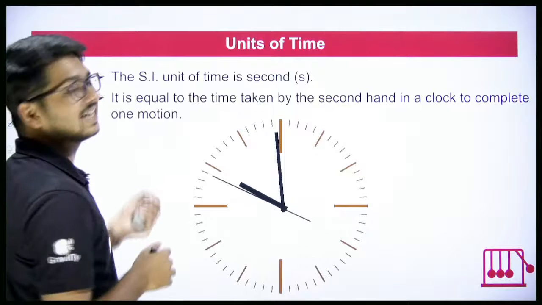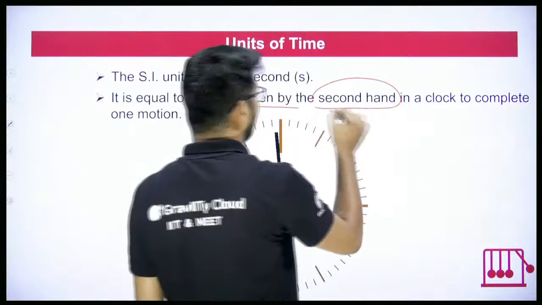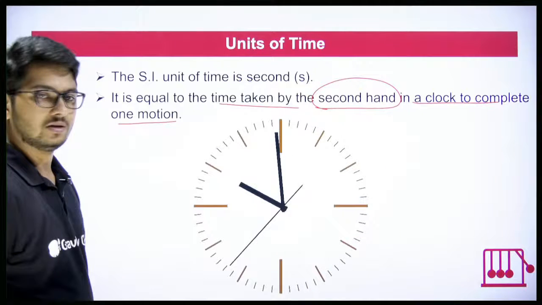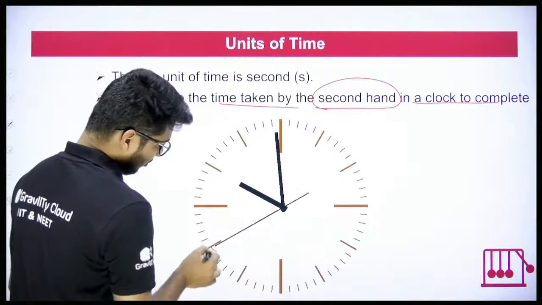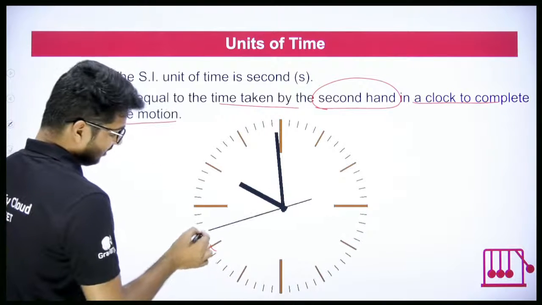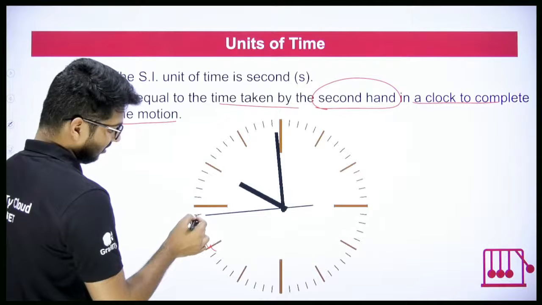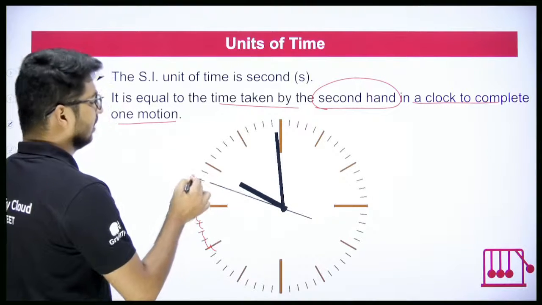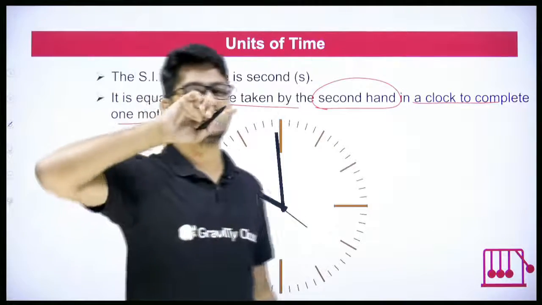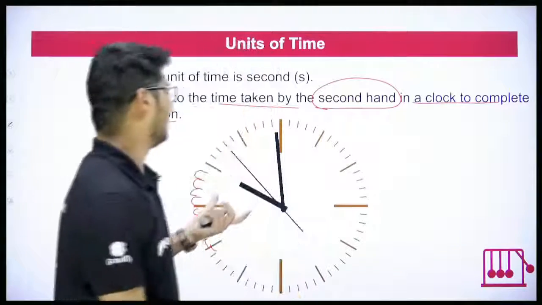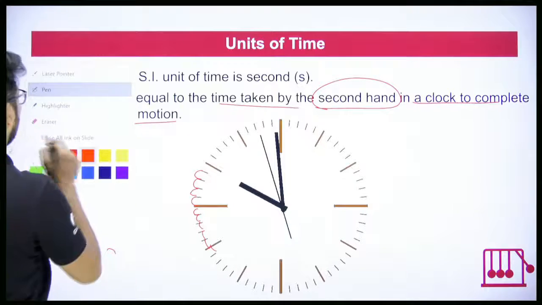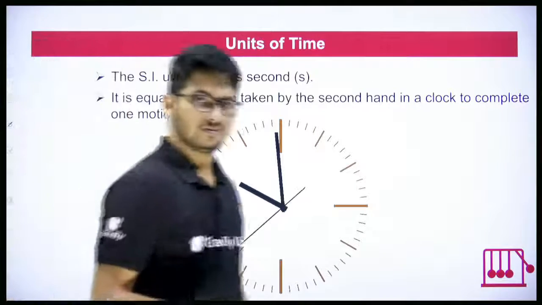So 1 second can be defined as the time taken by the second hand in a clock to complete one motion, see, here to here, 1 second, 1 second, 1 second. Every single motion of the second hand is 1 second. Clear? So you can define 1 second in that way, yes or no?